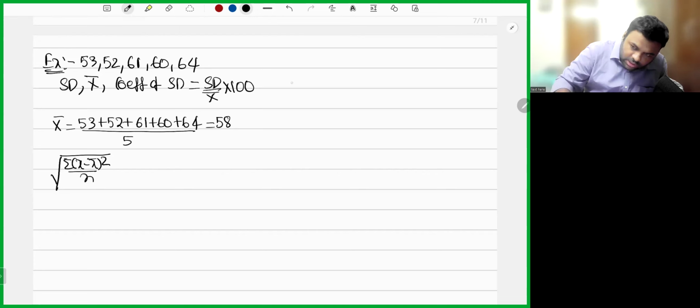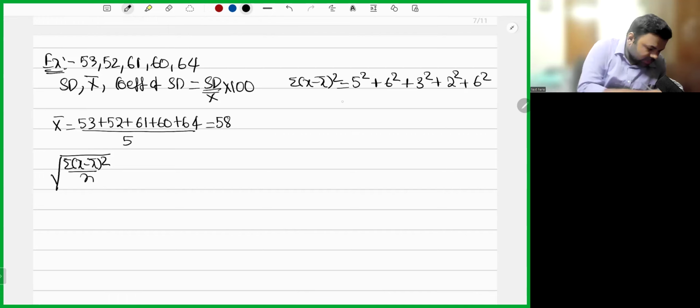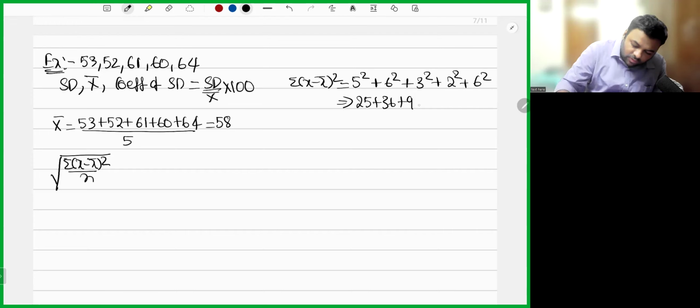Now, let me compute summation of x minus x bar whole square. 53 minus 58, 5. 52 minus 58, 6. 61 minus 58, 3. 2. 6. 5 square 25 plus 36 plus 9 plus 4 plus 36.